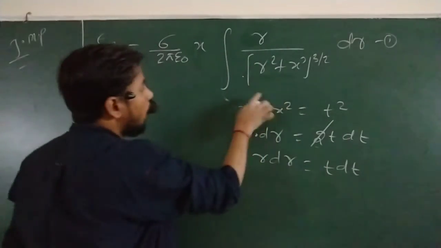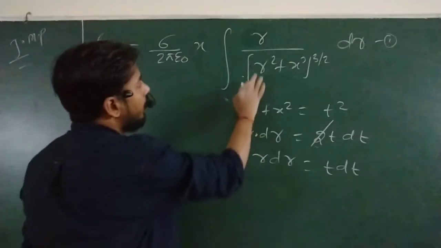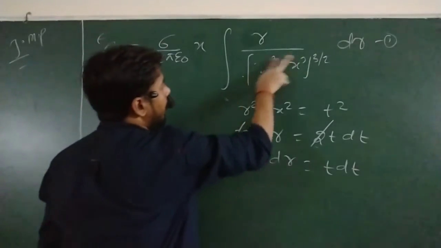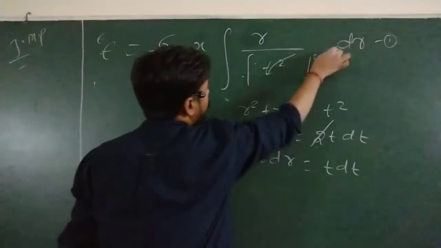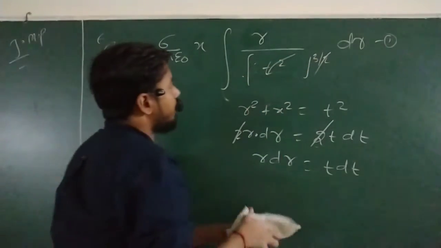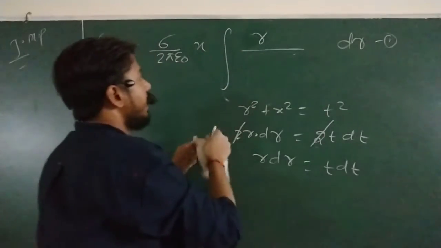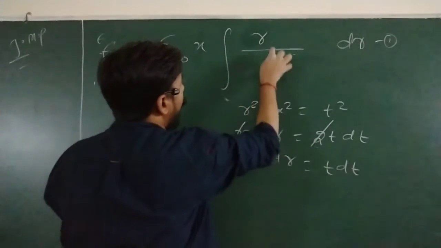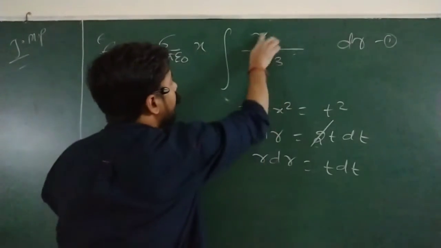And this total becomes t square, so the denominator becomes t cube, and r dr is replaced by t dt.